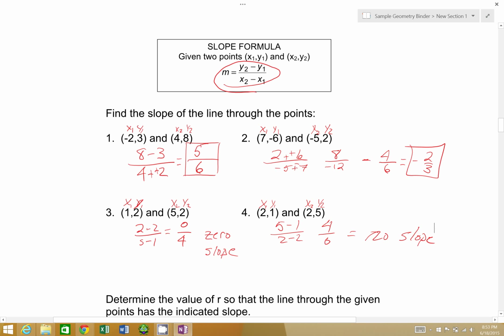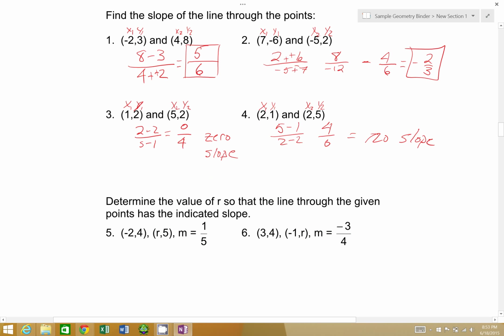So determine the value of r so that the line through the given points has the indicated slope. So basically, I have my formula, m equals y2 minus y1 over x2 minus x1. So what I'm going to do is I'm going to say 1 over 5 equals, okay, here's my x1, y1, x2, y2.